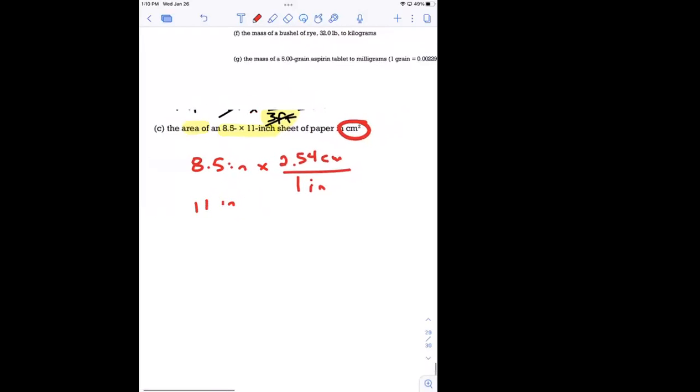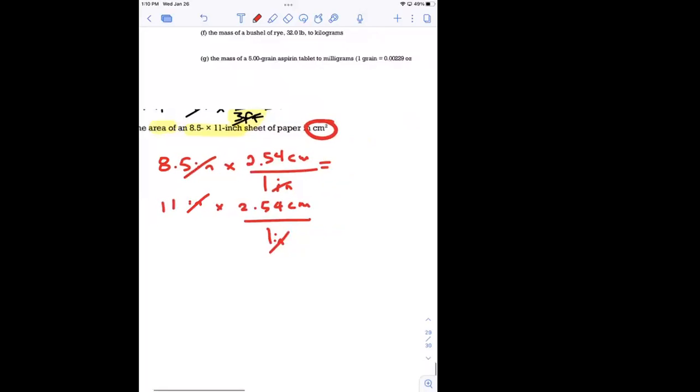All right, so now we just need to do the same calculation down here. Again, desired unit in the top, discarded unit on the bottom. And what do we have here? And then after we convert inches into centimeters, then we can do the area. What do we have here? 8.5. Go ahead.